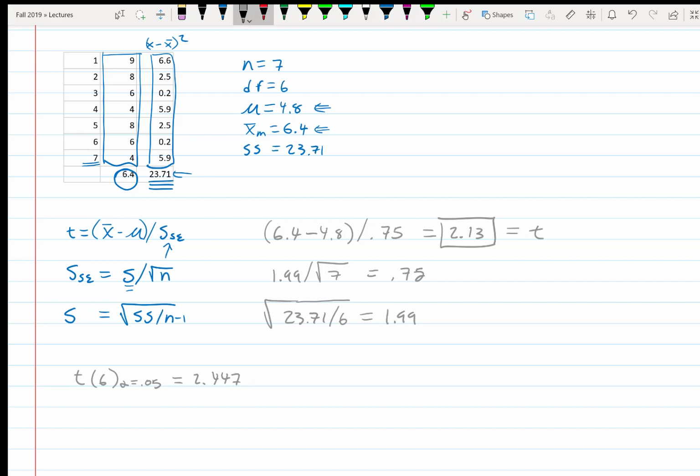So our calculated value over here was 2.13. The critical value that we needed was this one over here, 2.447. Turns out that our calculated value, 2.13, is less than our critical value. So for this problem, we would fail to reject.